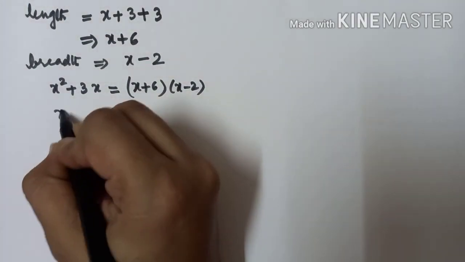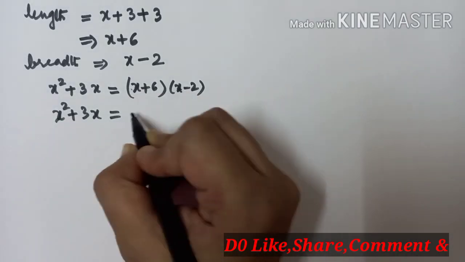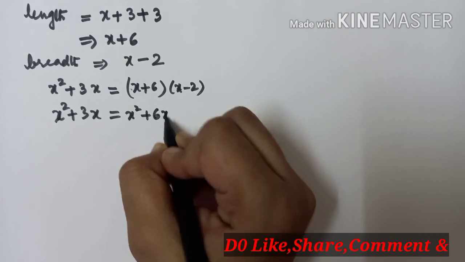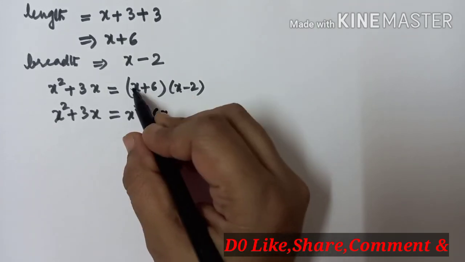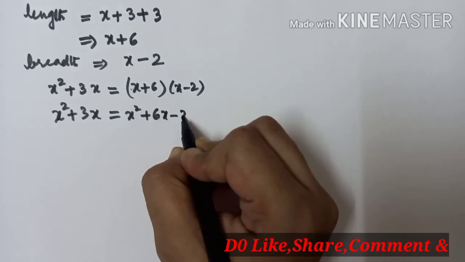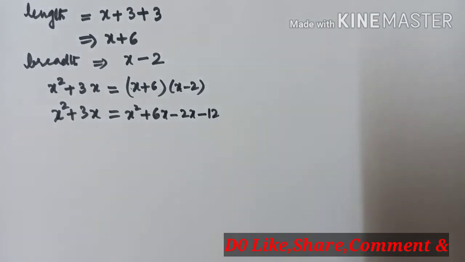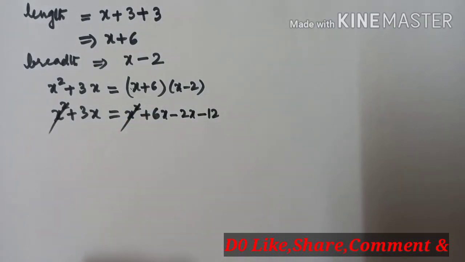Now let us expand. x square plus 3x equals, here x into x, x square, plus 6 into x will be 6x. Then x into minus 2 will be minus 2x, and plus 6 into minus 2 is minus 12. Now x square and x square will get cancelled.